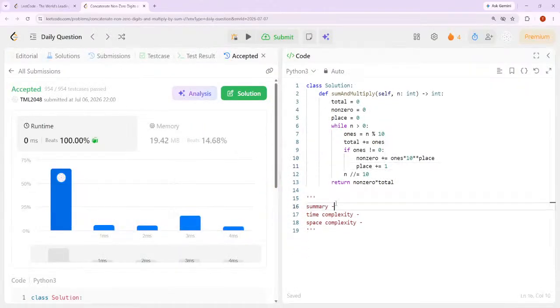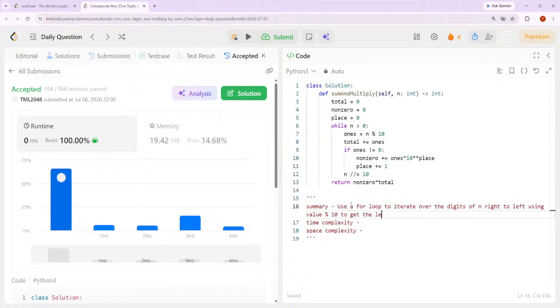So use a for loop to iterate over the digits of n right to left, using value mod 10 to get the rightmost ones digit.